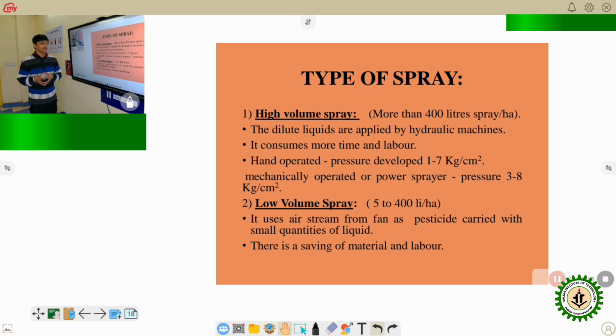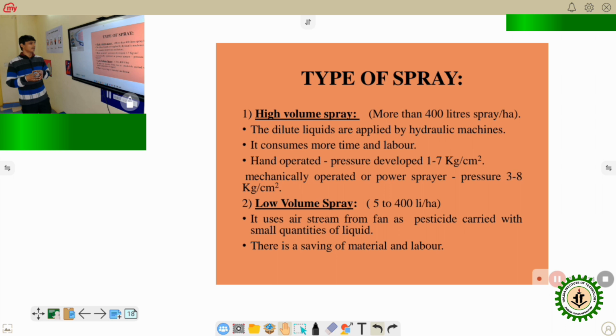For hand operated sprayers, the pressure is regulated at 1 to 7 kg per square centimeter, and for power operated sprayers the pressure limit is generally kept around 3 to 8 kg per square centimeter. Apart from this, for low volume spray we use 5 to 400 liters per hectare.